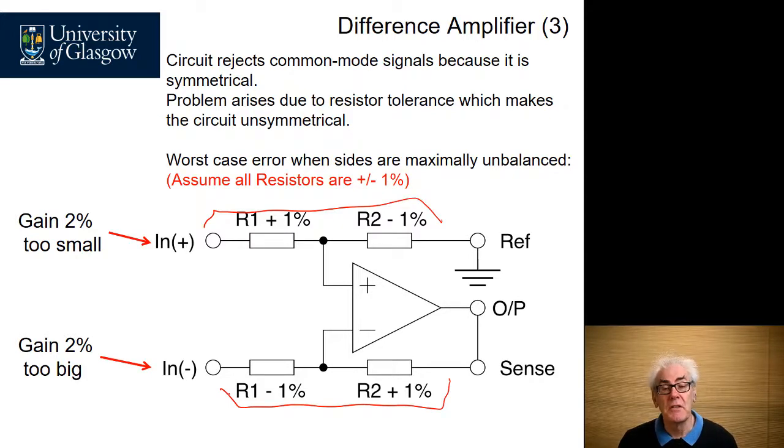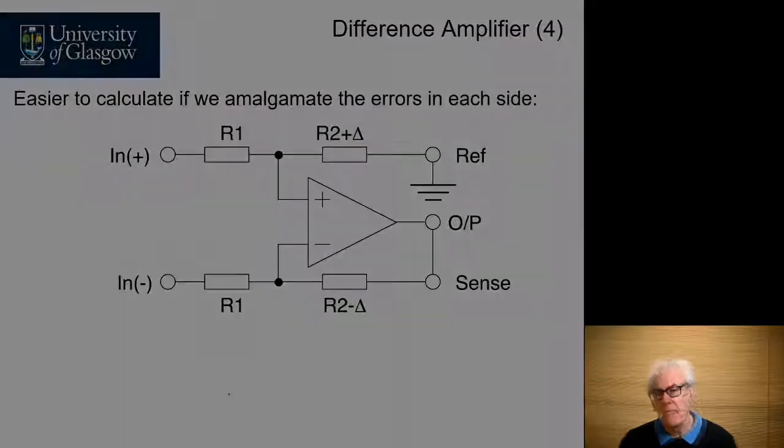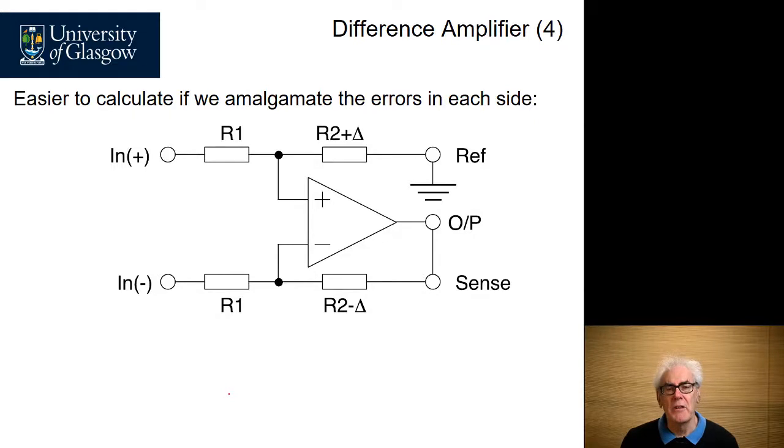So we need to calculate what the effect of this mismatch of resistors would be. It's easier to do the analysis if we collect all the errors onto one resistor.